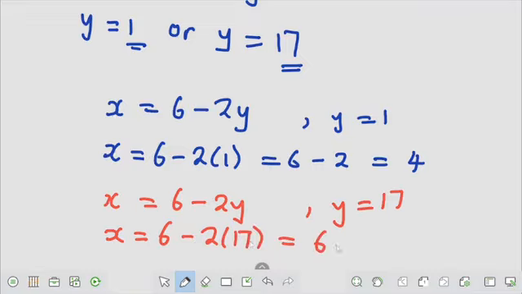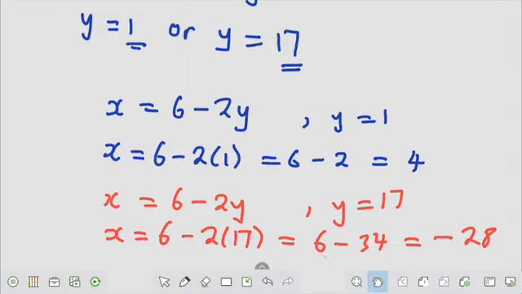Negative 2 times 17: 2 times 7 is 14, then 2 times 1 is a 2, plus that 1 that we carried, to be negative 34. So here we can just say 6 minus 34. 6 take away 34 will give us negative 28. So the value of x is negative 28 when y is equal to 17.